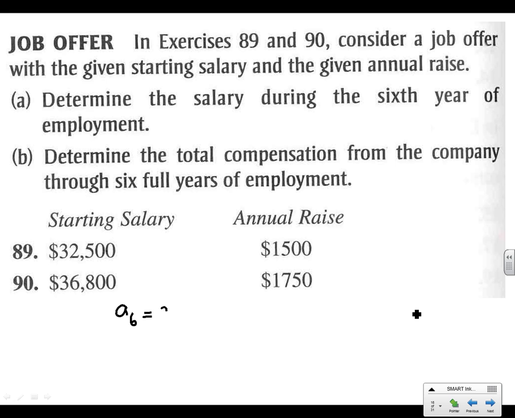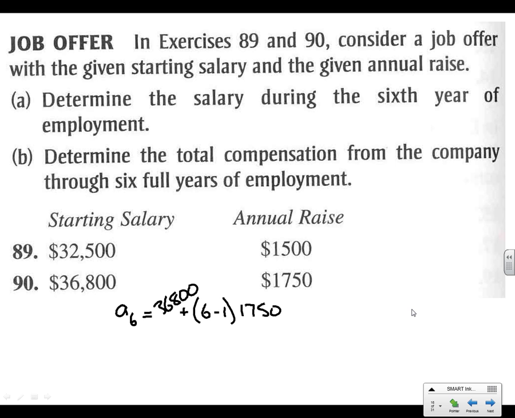Well, we need to know our salary in the 1st year, plus 6 minus 1. And then we need to know the difference. Well, we're being given a raise of $1,750 each year. We substitute in A1, which is $36,800.